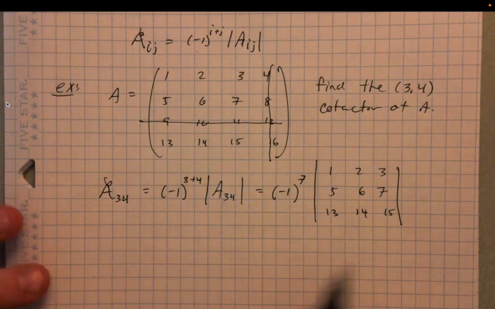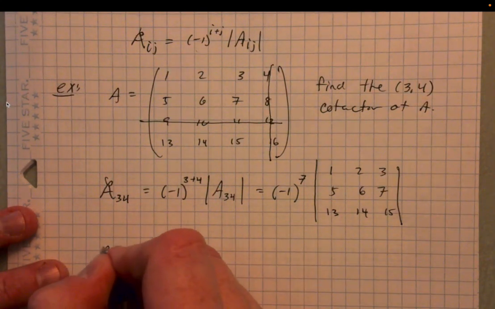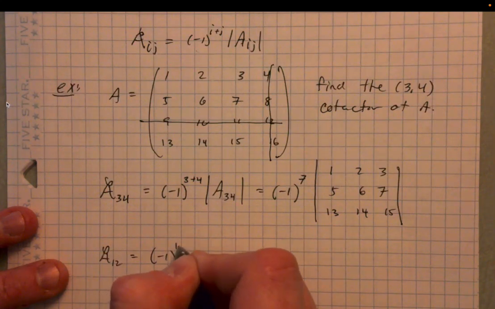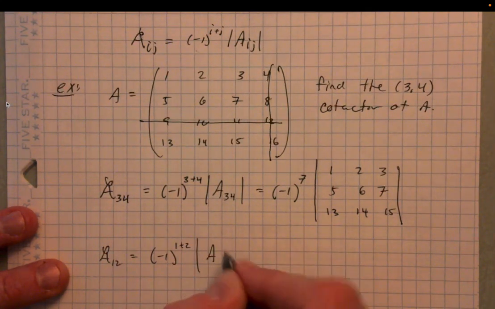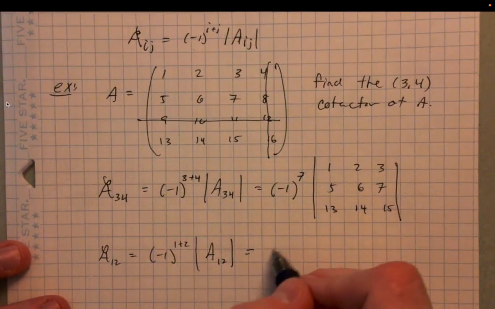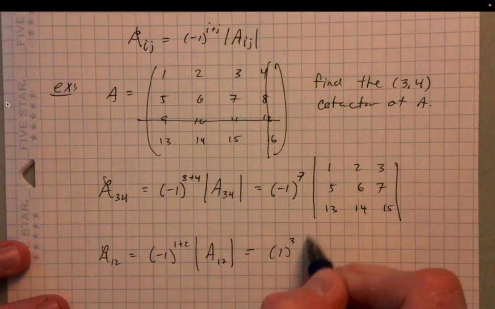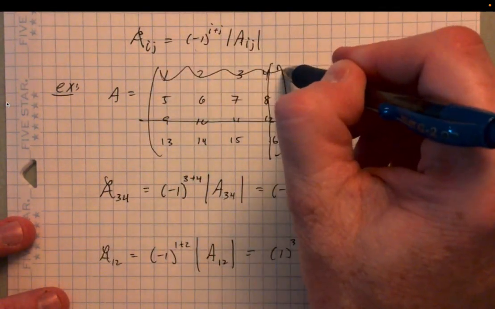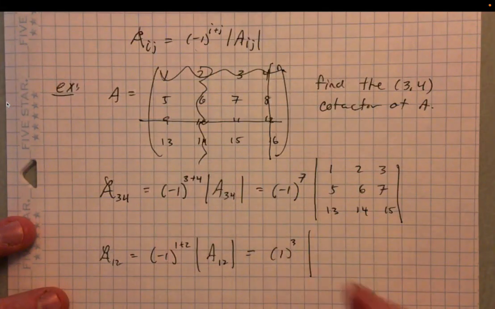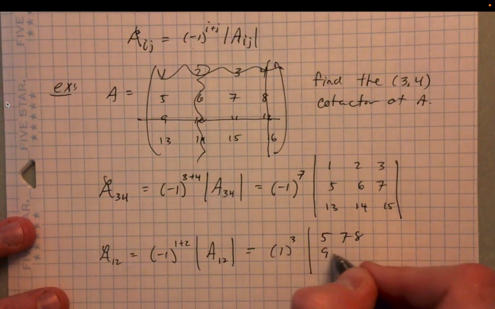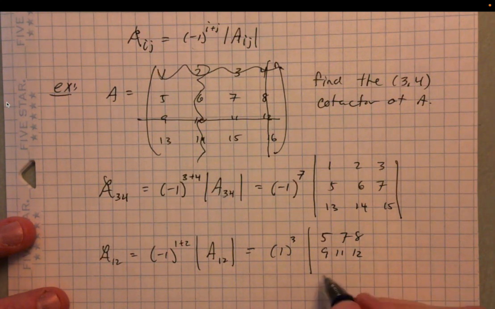What about the A12 cofactor? Well, that's -1 to the 1 plus 2 power times the determinant of the 1,2 submatrix. So that's -1 to the 3rd power. And then here we're going to cross out the 1st row and the 2nd column. So I've got 5, 7, 8, 9, 11, 12, and then 13, 15, 16.